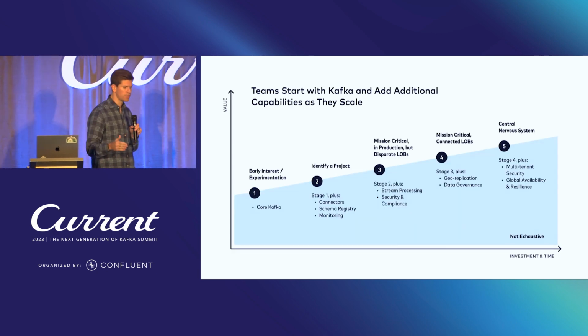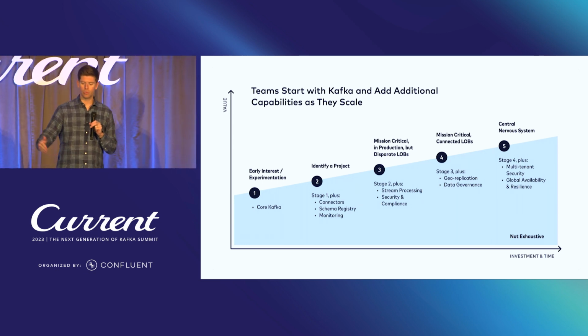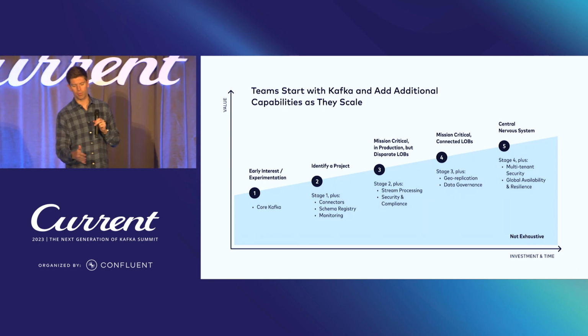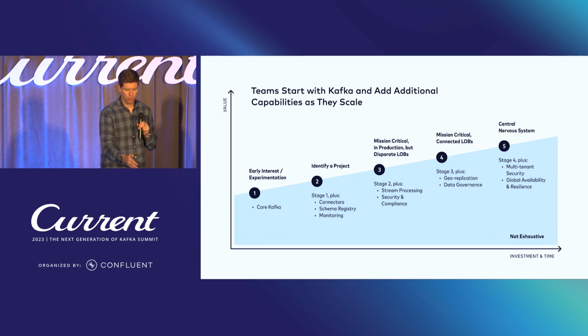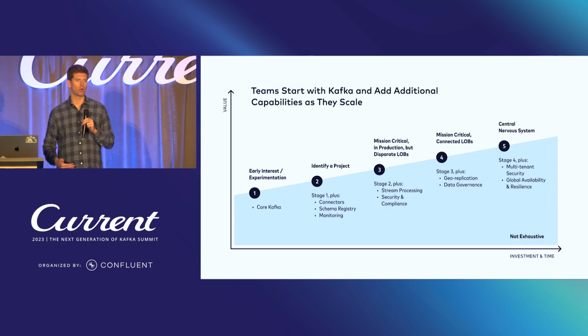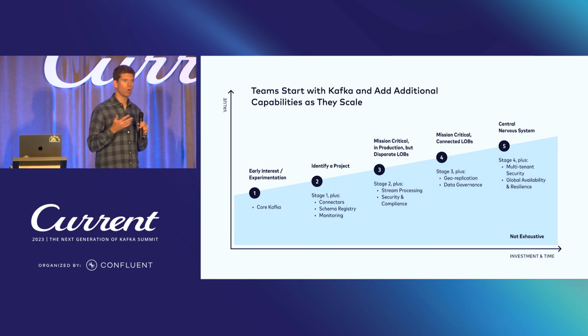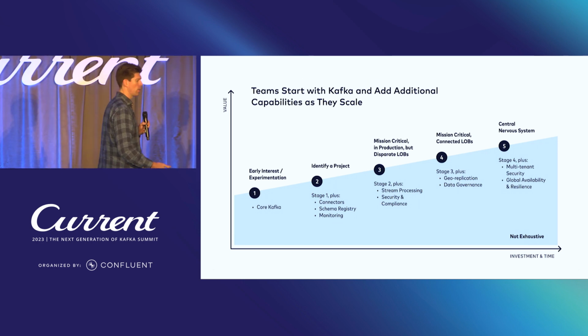Now, I think 7 is a pretty generous number in a lot of ways. We have this curve that we use with customers all the time. It's how their Kafka clusters grow in complexity. So you start off with a really small use case. Stage 2, you're going to be adding connectors, schema registry, maybe add some monitoring on top of it. I think 1 or 2 engineers can do most of that, but later on, you're going to be adding stream processing.